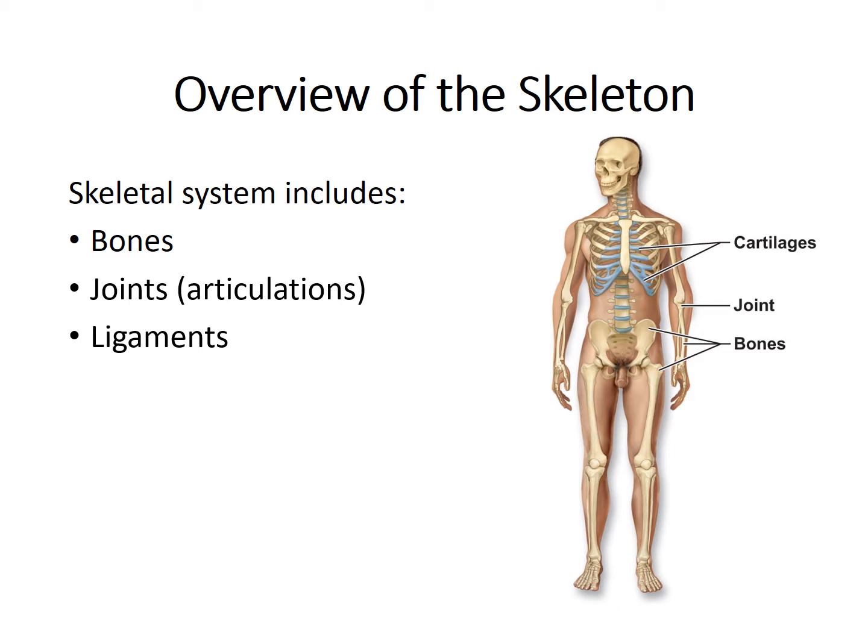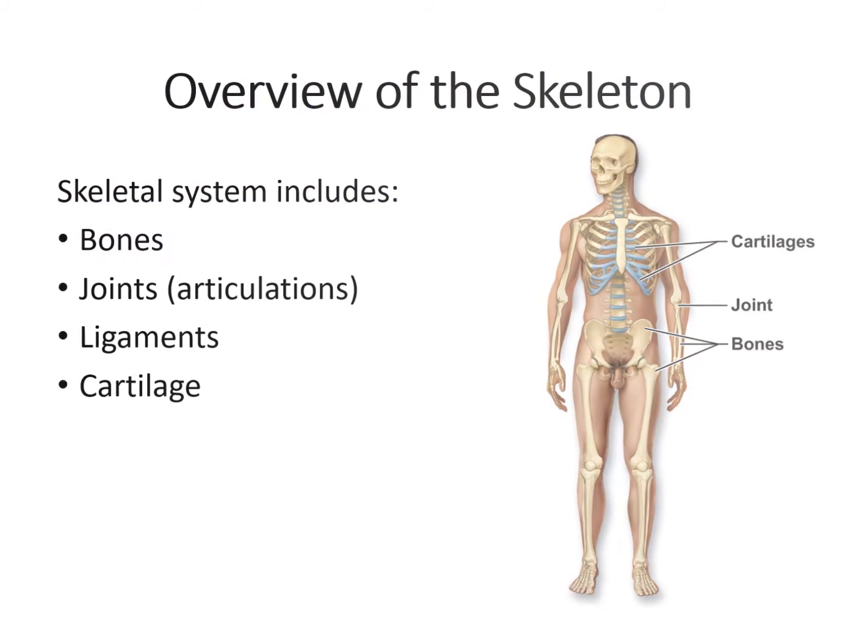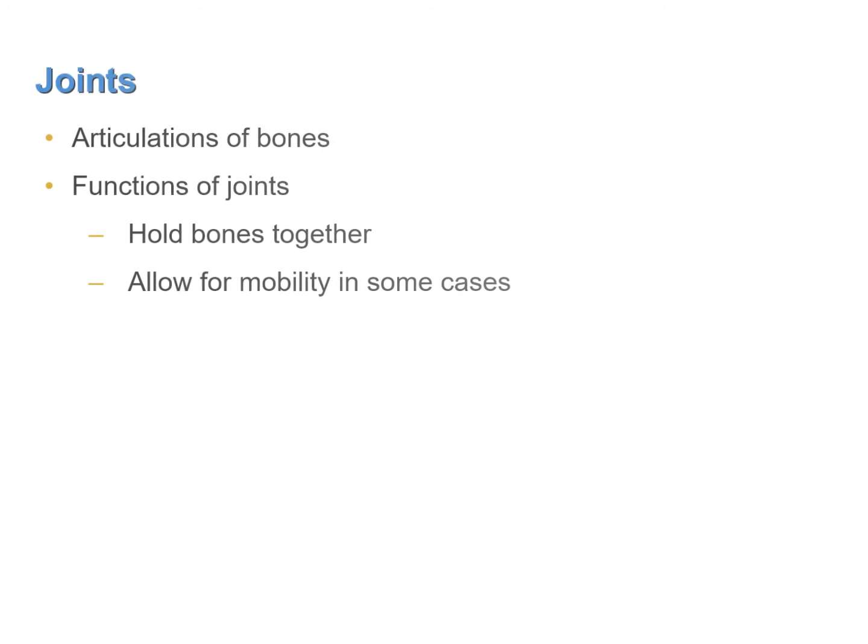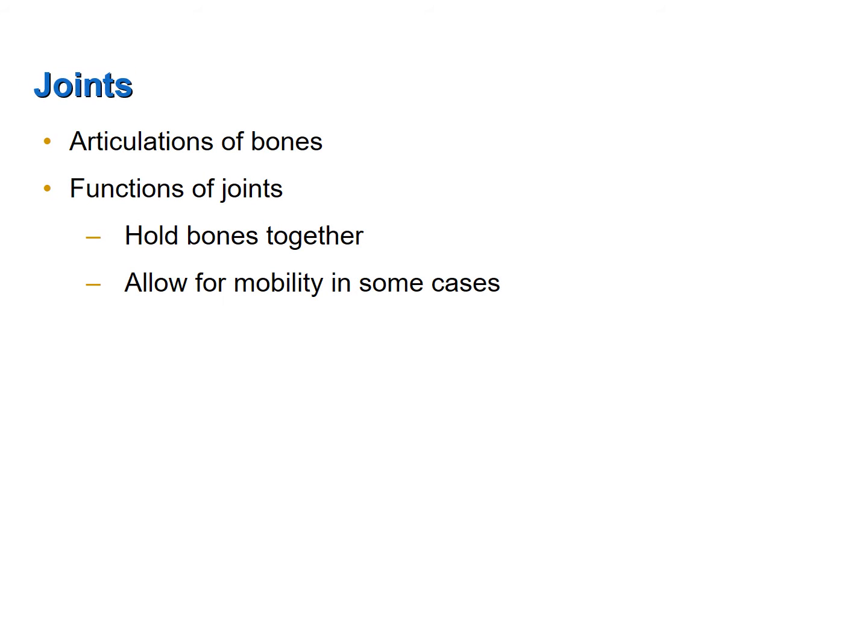Ligaments, which attach one bone to another at a joint, and of course cartilage, which is often found at joints. Joints and articulations are the same thing, so don't be confused with this different terminology.